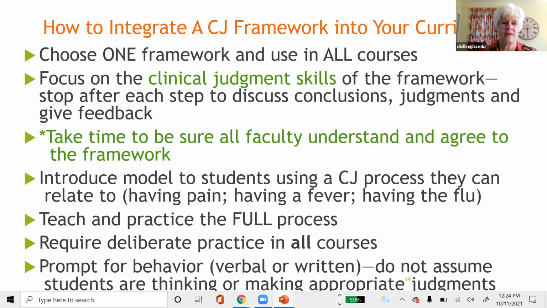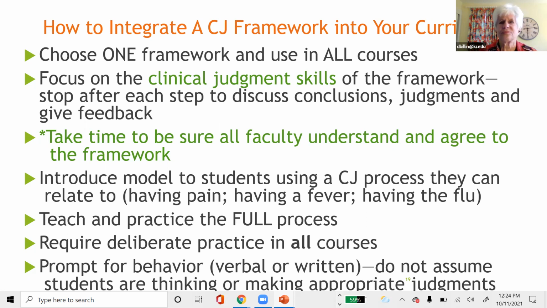Another thought on how to use this is that we're focusing on the clinical judgment skills. Yes, we're teaching content, and the students have to learn skills and knowledge at an application level, but we also want to see that they are doing the clinical judgment process.